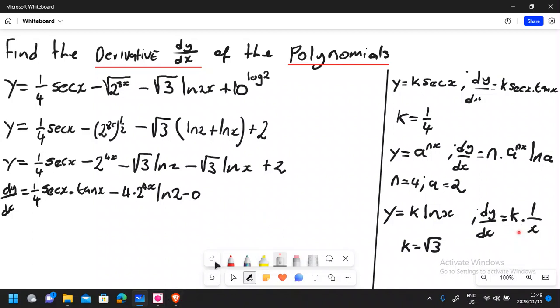All right, let's do it, guys. Remember, we have a minus here, so it's going to be minus, and then what is our k? Our k is root 3 multiplied by 1 over x. As you can see, it's k multiplied by 1 over x, and our k is root 3.